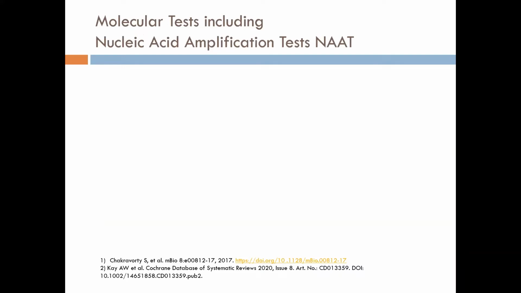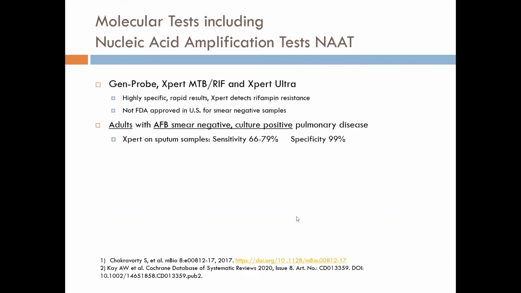Now I want to go on to the nucleic amplification test and other molecular testing. This has been a huge advance in the diagnosis for TB. These tests are highly specific with rapid results, and the Xpert has the advantage of telling us if the organism is rifampin resistant.